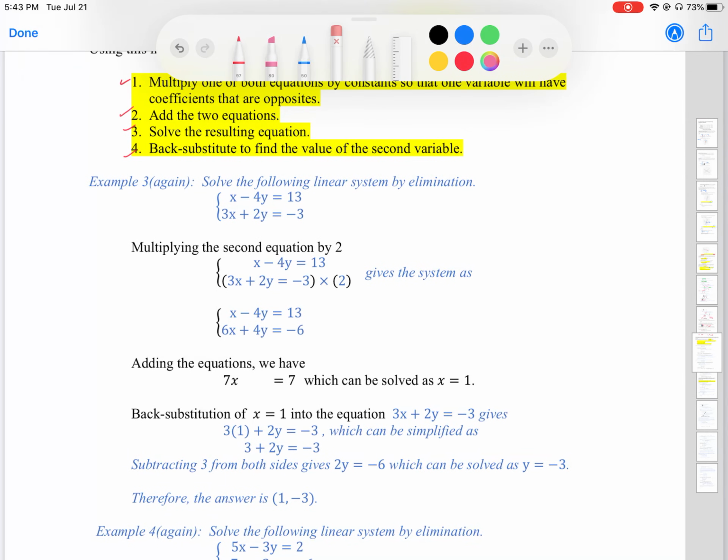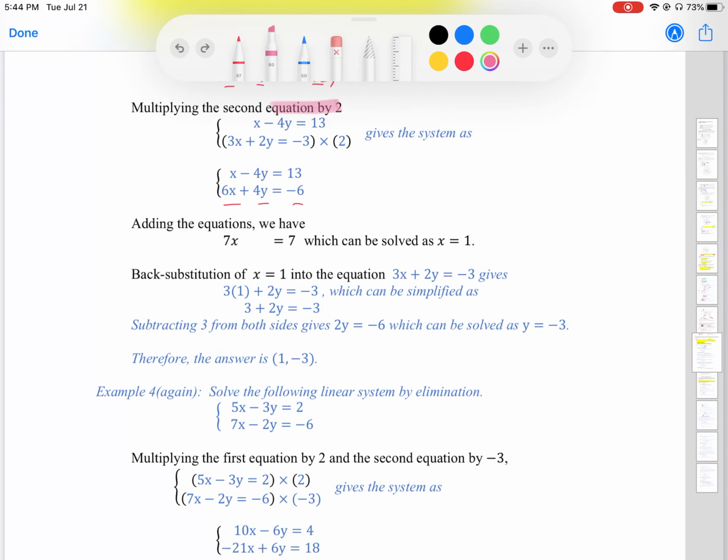Well, if we multiply the second equation by 2, what happens? Well, 3 times 2 gives us 6, and 2 times 2 gives us 4, and 2 times negative 3 gives us negative 6. And notice what happened with our y's. My y's are now a positive and a negative copy of the same number.